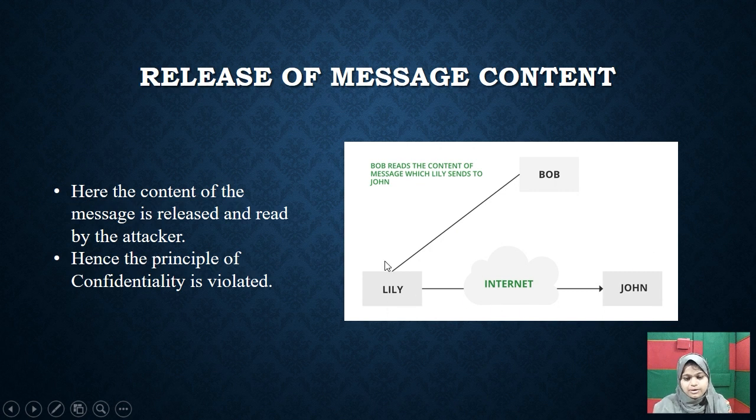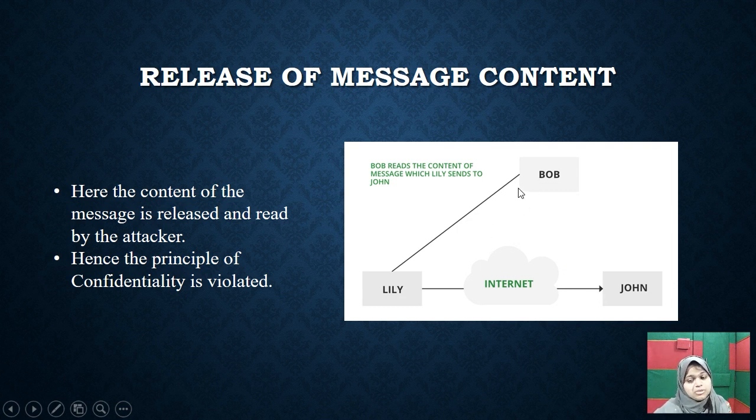Now see here in this diagram, there are two persons called Lily and John. They are communicating with each other through the internet. Bob is the attacker. Whatever messages Lily sends to John, Bob is trying to hack.